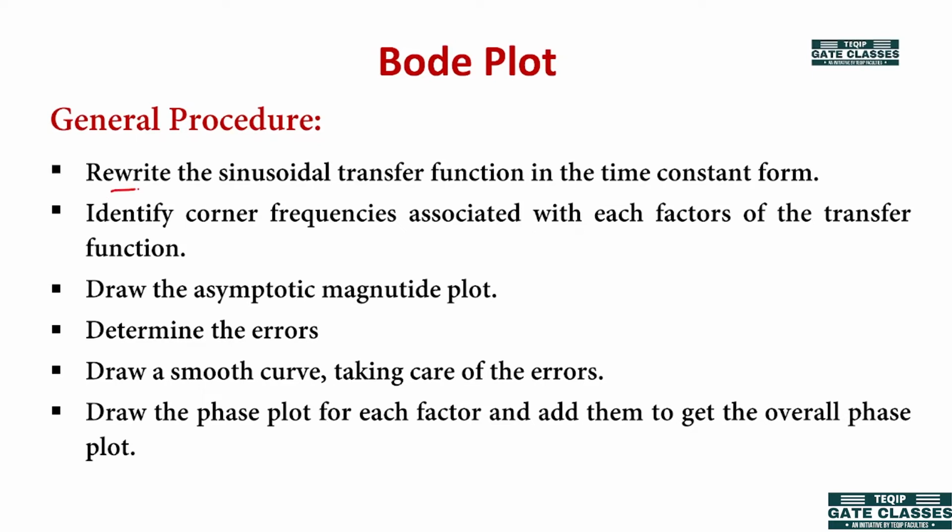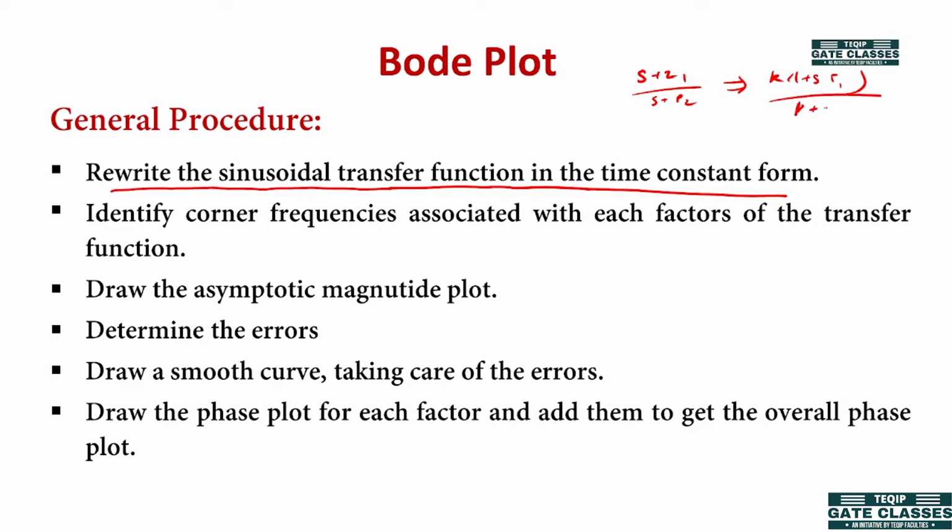So what would be the general procedure while drawing the Bode plot? First, rewrite the open loop transfer function in time constant form. So if it is given as s plus z1 upon s plus p2, you have to convert it into K times 1 plus sT1 upon 1 plus sT2.